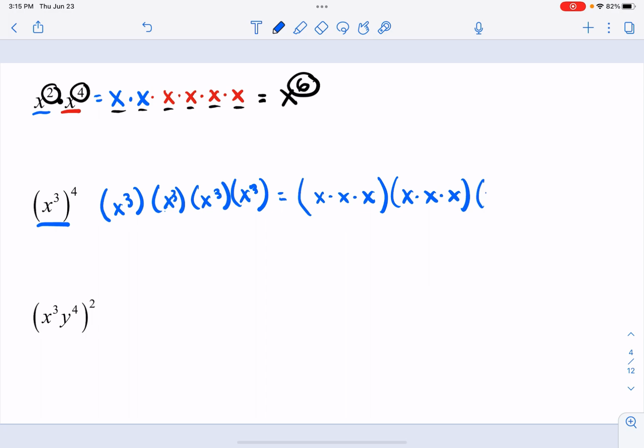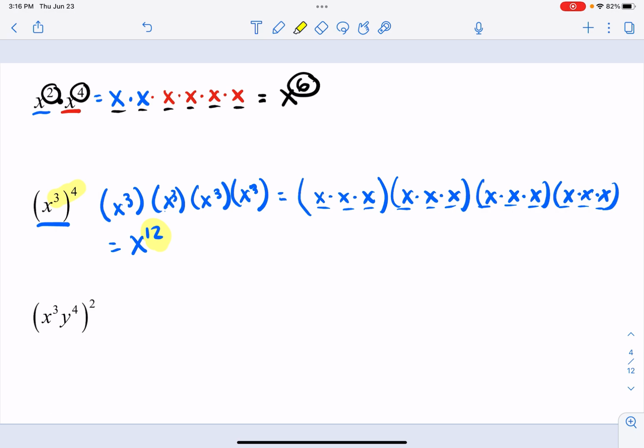This x to the 3rd, x times x times x. And lastly, x times x times x. So how many x's do I have here? 1, 2, 3, 4, 5, 6, 7, 8, 9, 10, 11, 12. That's x to the 12th. How does 12 relate? 12 is the product.